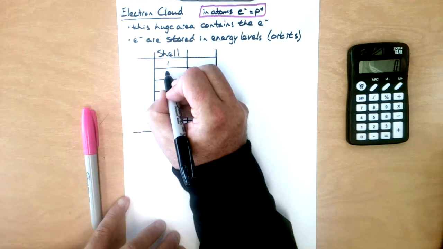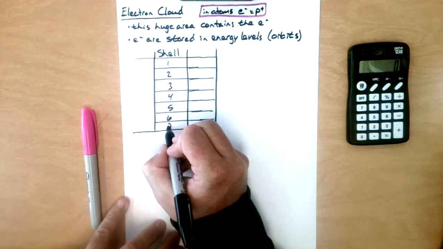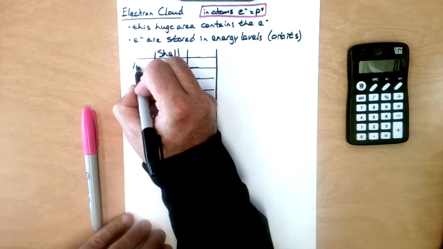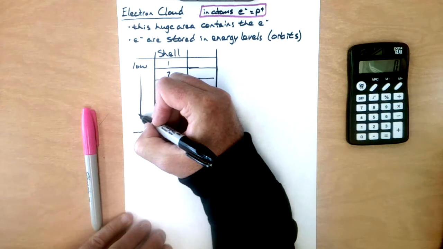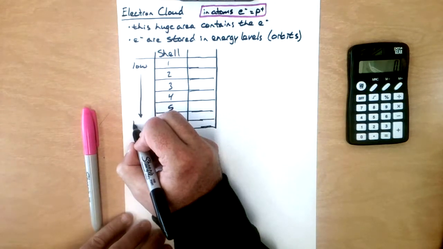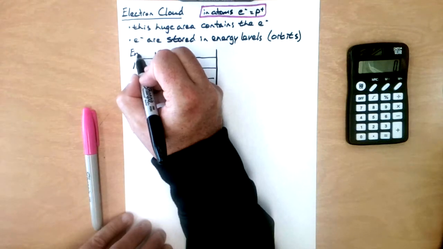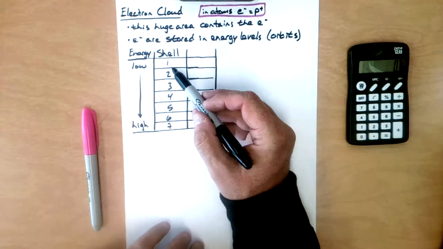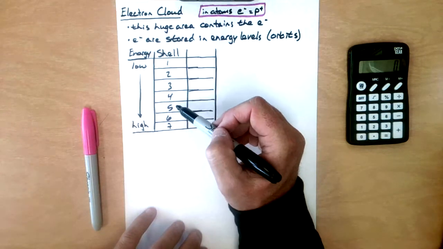And there are 7 shells. And you first fill the low energy shells, and once they start to fill, you can start filling the higher energy shells. So one has to be filled before 2, 2, then the 3, 3, then 4.